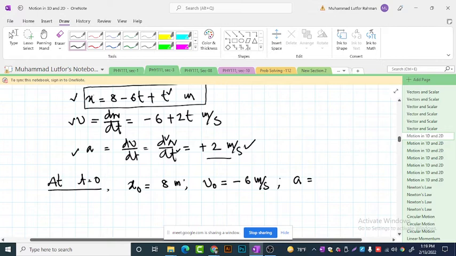It means the particle will move at a constant acceleration, because the acceleration will remain the same throughout the journey, which is plus 2 meter per second square. It's not going to change with respect to time, but the velocity will change. If you plug in t equal to 1 second, the velocity is going to be minus 4. So that's how it is changing its velocity.